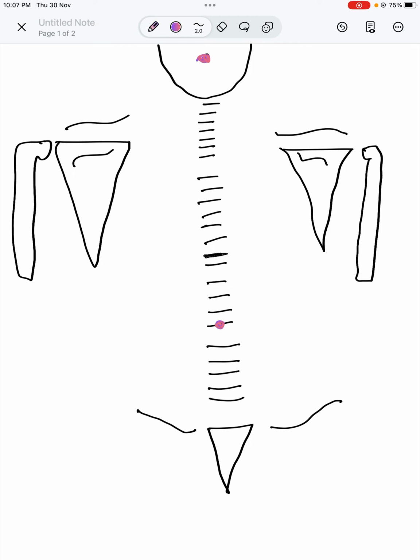So we have the starting point, the external occipital protuberance, and the ending point of the origin of the trapezius muscle, the T12 spinous process. Actually it is a supraspinous ligament, but to make our diagram easier, we are just taking it as a spinous process. We have the origin now.